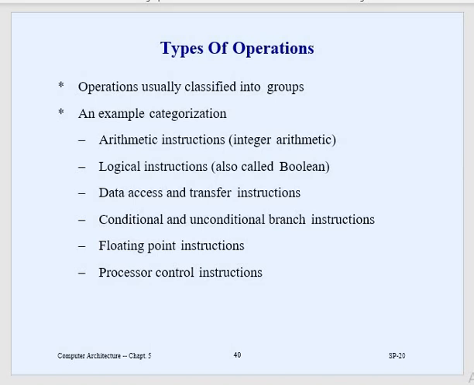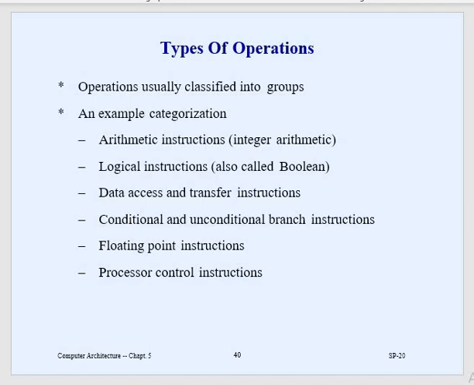Because in that case it will not look for any reference value or some decision box, because we have unconditionally told it to jump. So these are the conditional and unconditional branch instructions.